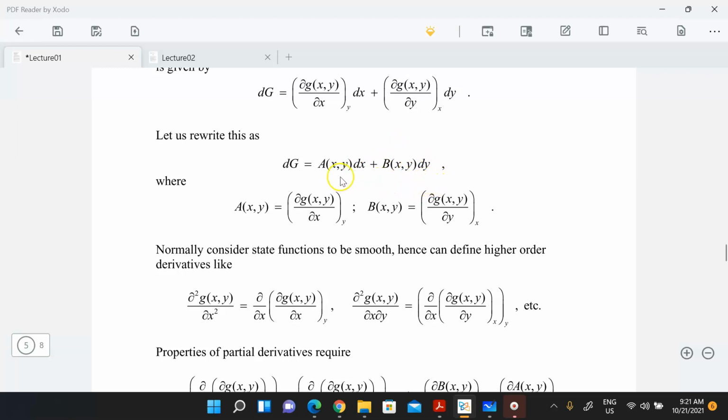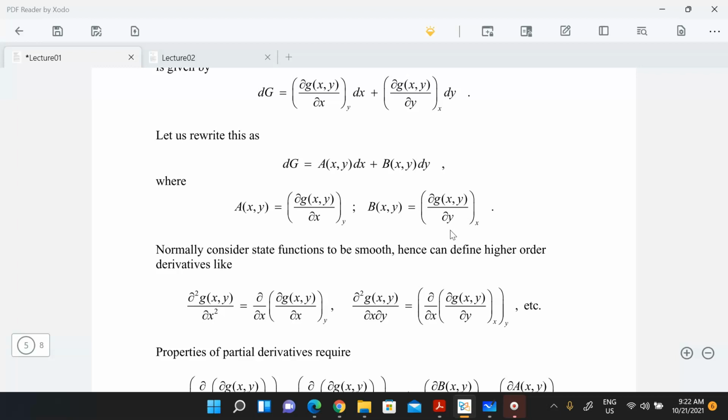Of course, you would expect that if this is a true differential over here, then you would identify your function a here to be your partial derivative of g with respect to x, and function b here to be your partial derivative of g with respect to y. When that happens, then of course you know that this behaves like a proper differential. But there are more things to consider.